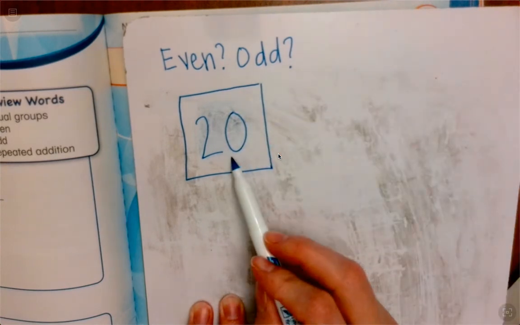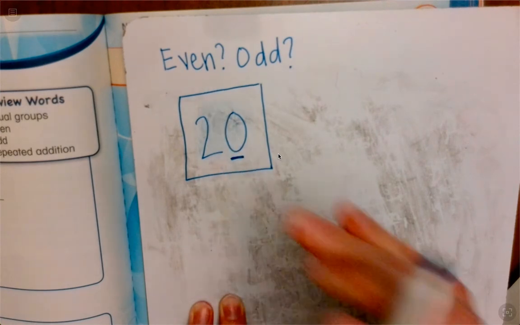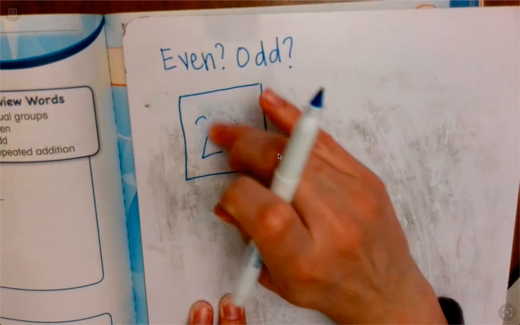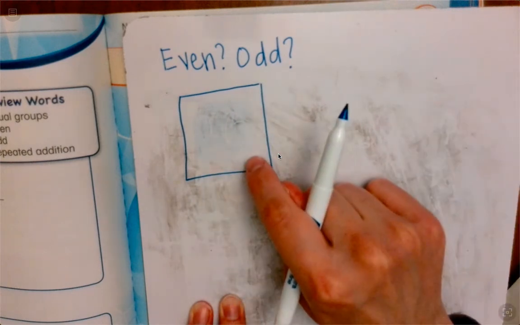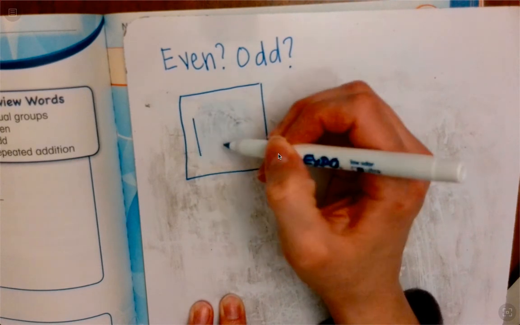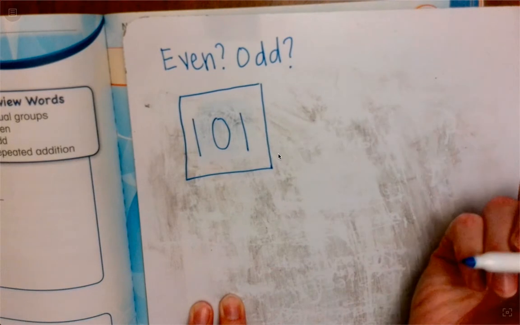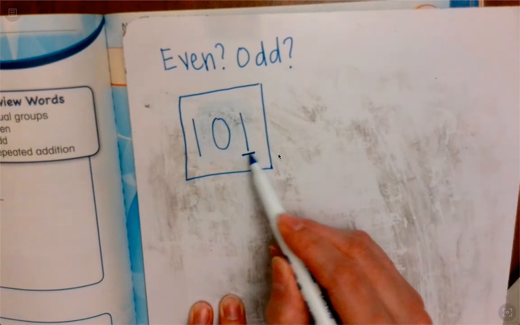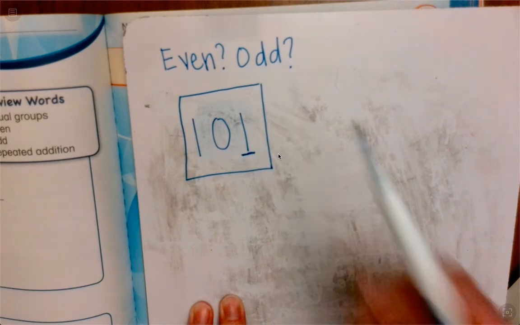Just looking at that number right there. That's an even. Good job. Now you can get even higher with those numbers because you're still just going to look at that first number there, that ones place. So what if I did 100? 101. Still looking at just that number to tell if it's even or odd, right? So that's an odd number, so it's odd.